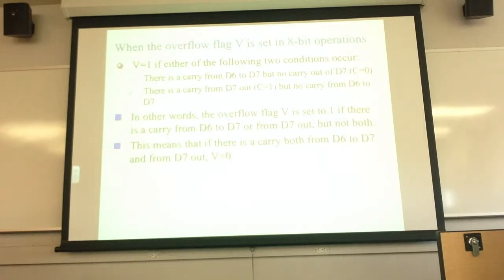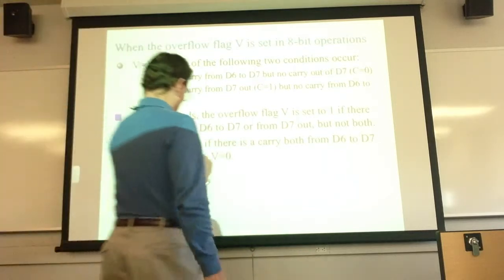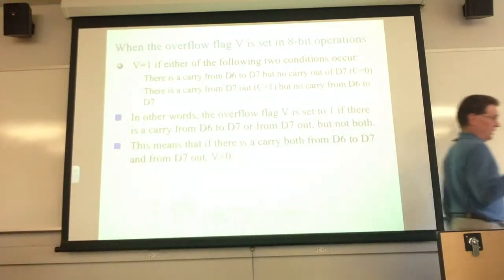Either of these two conditions will raise the overflow flag. In other words, the overflow flag is set to 1 if there's a carry from D6 to D7 but no carry out from D7 into the carry flag, all right? If there's a carry from both D6 to D7 and from D7 out, that says you're okay. We're good. The overflow flag will not be set.